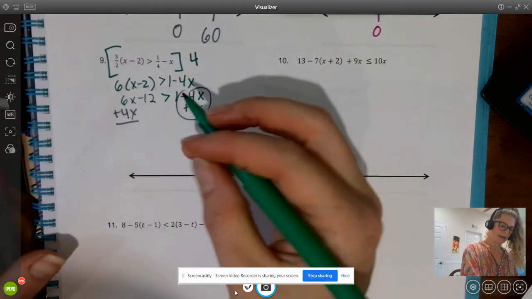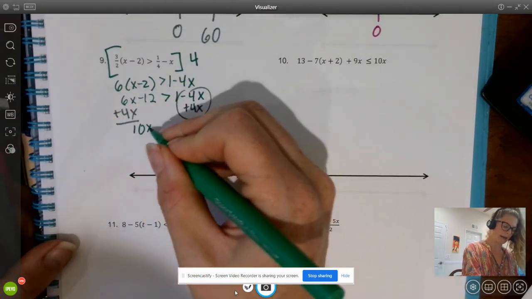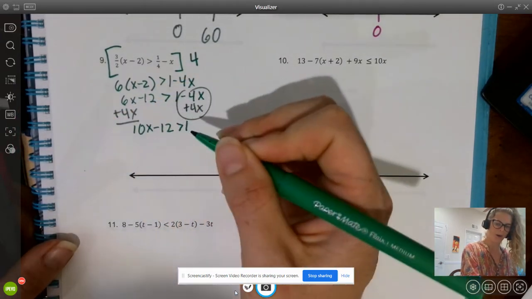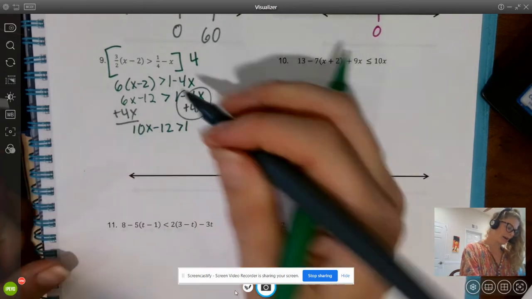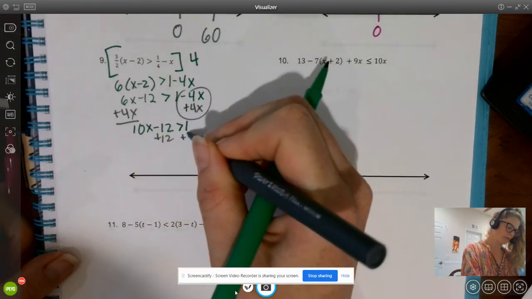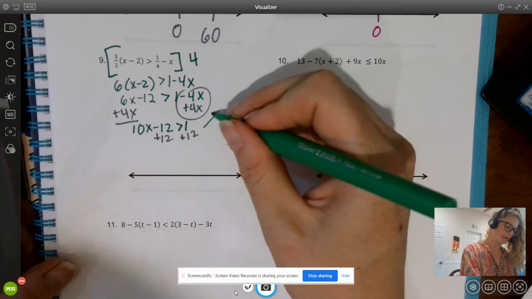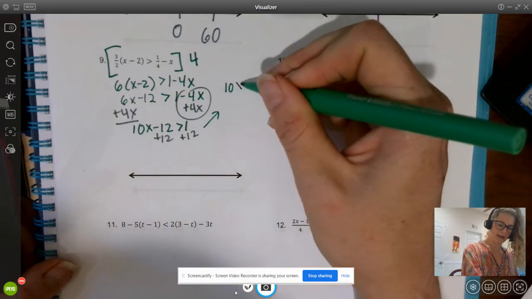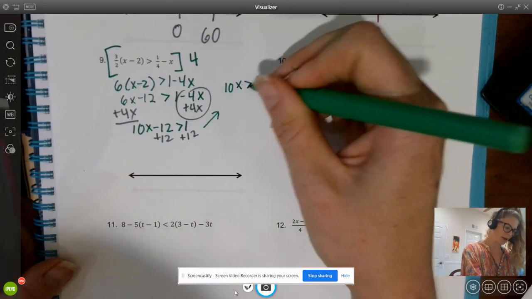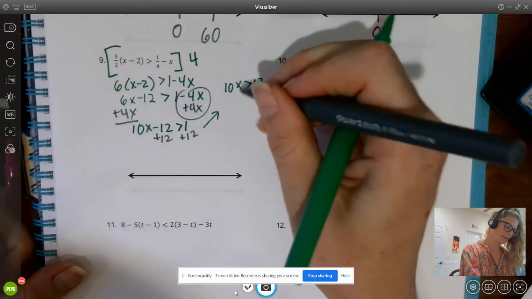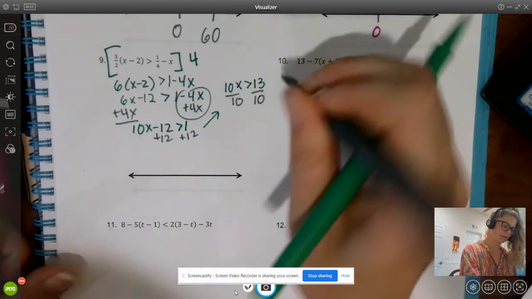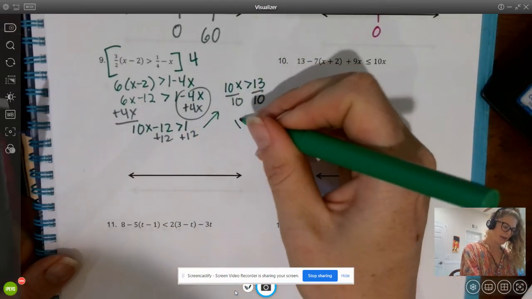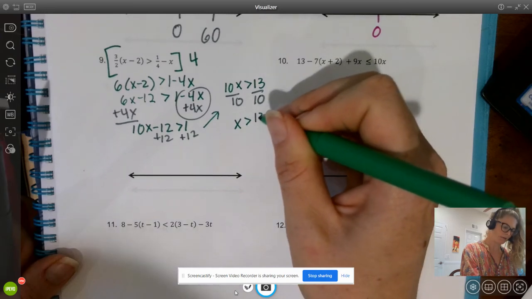When I do that, I end up with 10x minus 12 is greater than 1. Now I'm going to isolate my variable by adding 12 to both sides. So I have 10x is greater than 13, Taylor Swift's favorite number. Divide both sides by 10, and x is greater than 13 over 10.